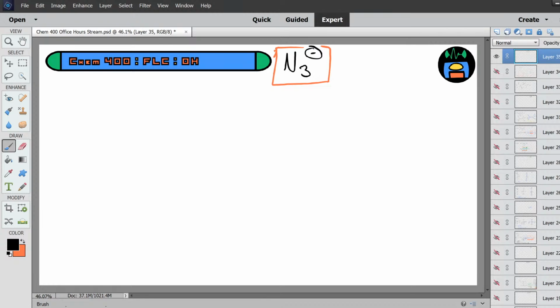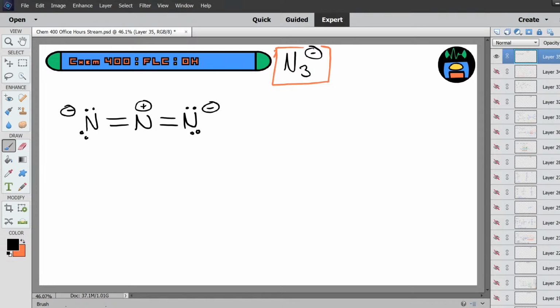You could draw it like so. Actually, this one's probably the best one. So you've got a formal positive in the center, and then two formal negatives out on the ends.